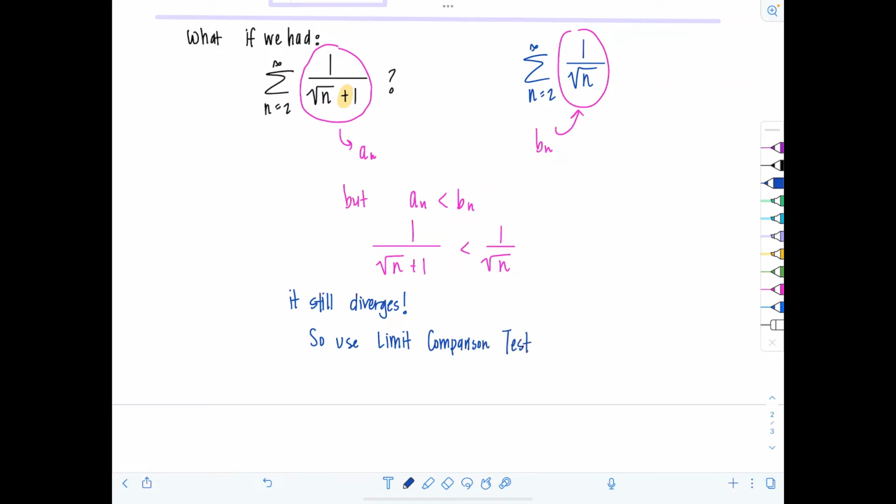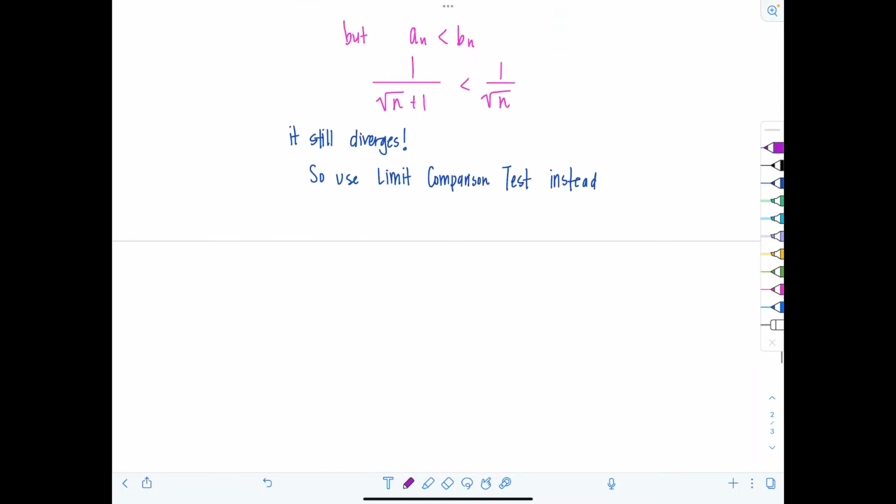So when you can't show the necessary inequality, then a good choice is, let's bust out that limit comparison test. So now what I'm going to do is consider the limit as n approaches infinity of 1 over rad n plus 1, that's a_n, over b_n, 1 over rad n.